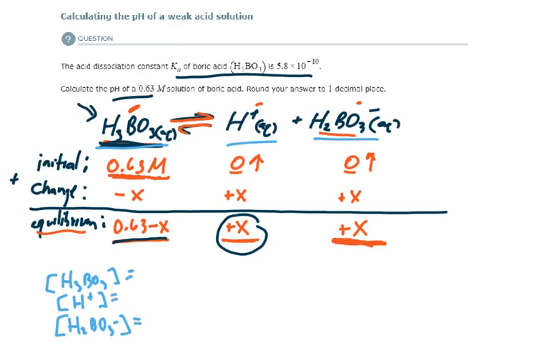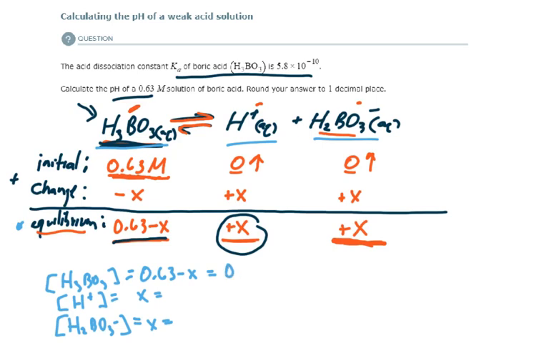What is the concentration of boric acid equal to at equilibrium according to our ice table? 0.63 minus X. This one is equal to X, and that is equal to X. So let's take X and plug it in there.